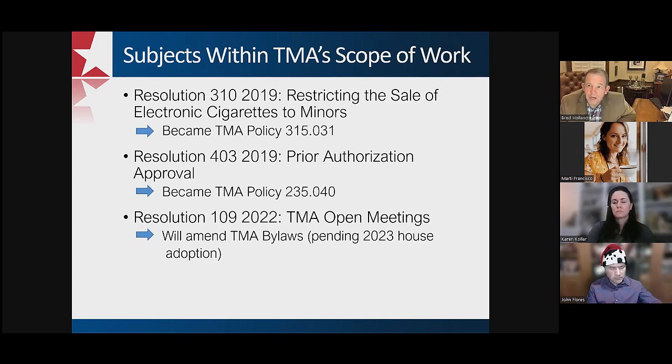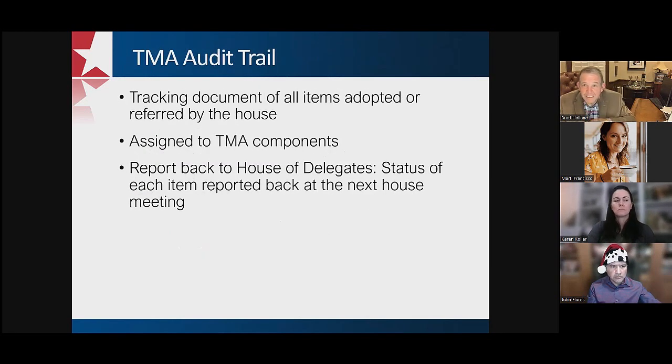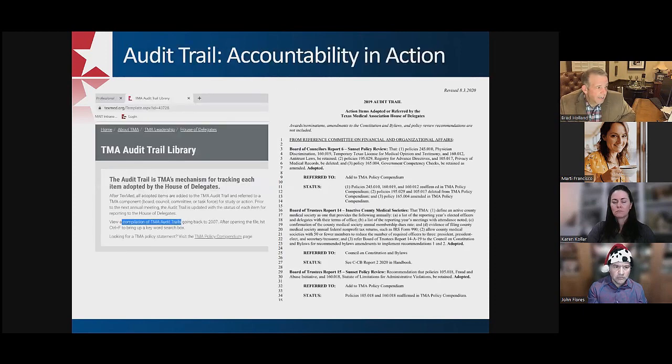We've talked about the audit trail. The next two slides just remind you once again that the audit trail tracks all the documents that were adopted or referred by the House and to which components those were assigned. It also covers whether there is a report back to the House of Delegates, as there is with each adopted item, and the status of each of those being reported back. If you go to the next slide, there's a little more about the audit trail.